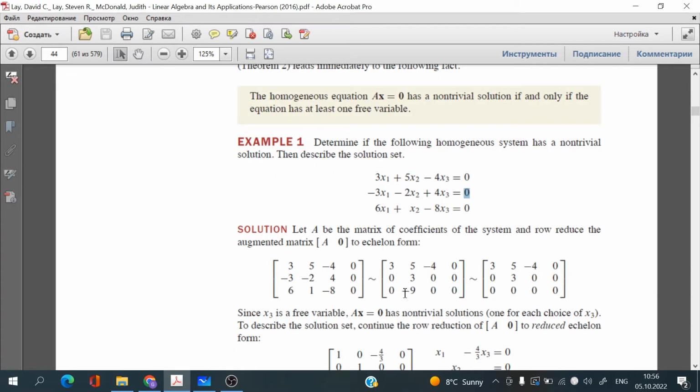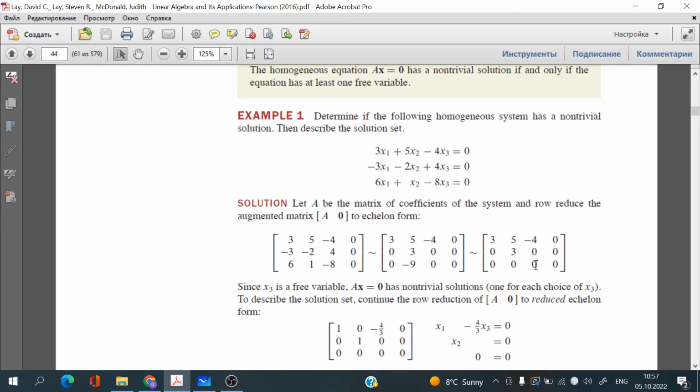Then we reduced it using the first two rows, and further reduction gives you 3, 5, -4, 0; 0, 3, 0, 0; 0, 0, 0, 0. From here, as I already taught you, your x3 variable is your free variable, and Ax = 0 has a non-trivial solution for each choice of x3, correct?